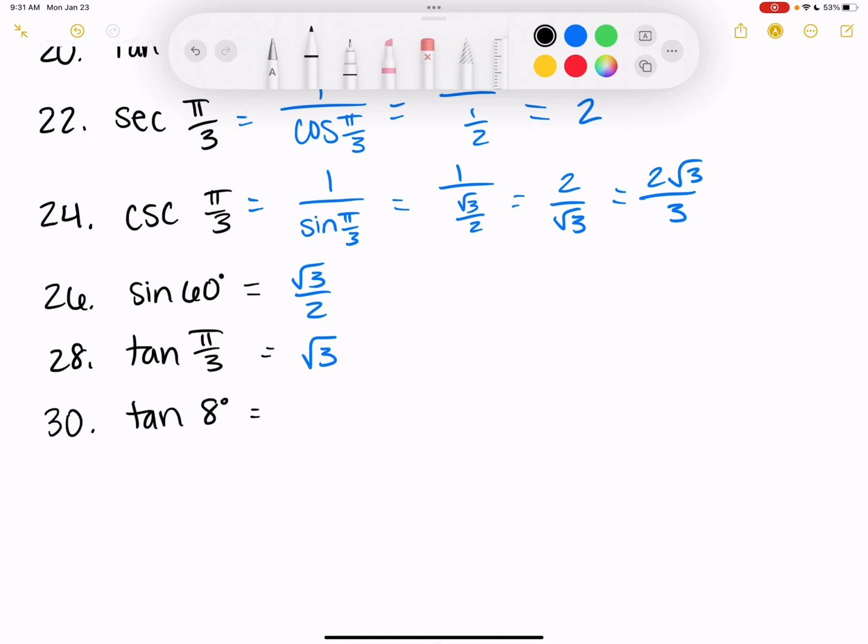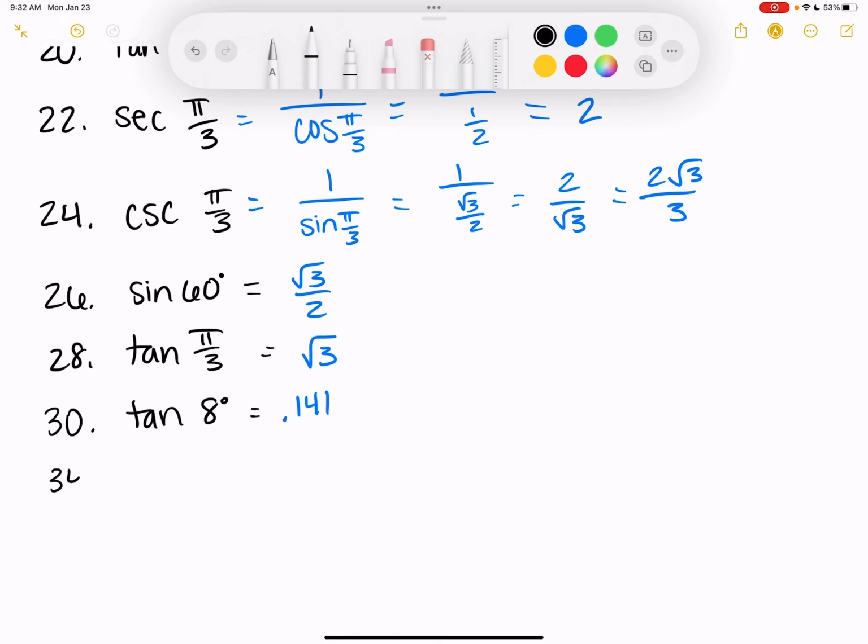Now remember to check the mode that your calculator is in, because these problems are going to alternate between degrees and radians, so make sure you have it in the right mode. You need to be in degree mode for this one. And it says to go out to 3 decimal places, so we'll just roll with that. .141.